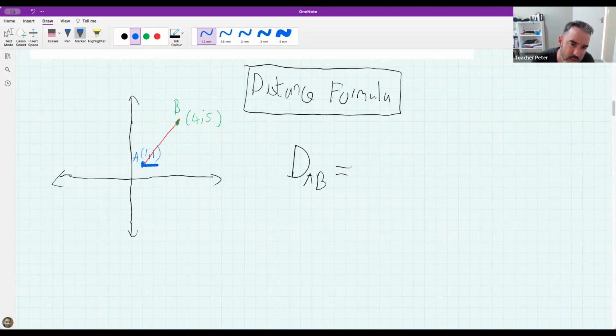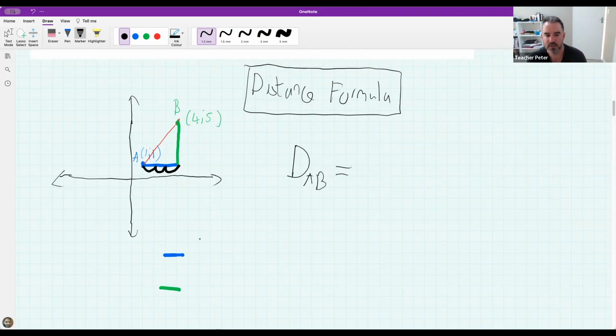Let me get a darker pen here. Can you tell me how far, just by counting the blocks, is the blue line? And how far, by counting the green blocks, is the green line? You can put it in the chat. How far is blue? If you just count the blocks, 1, 2, 3.